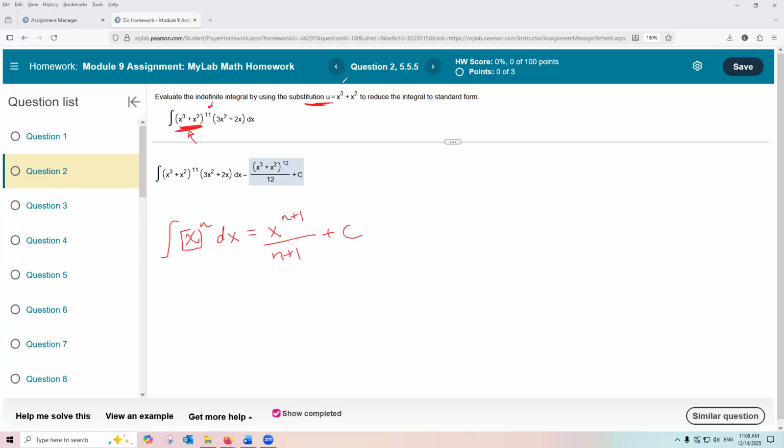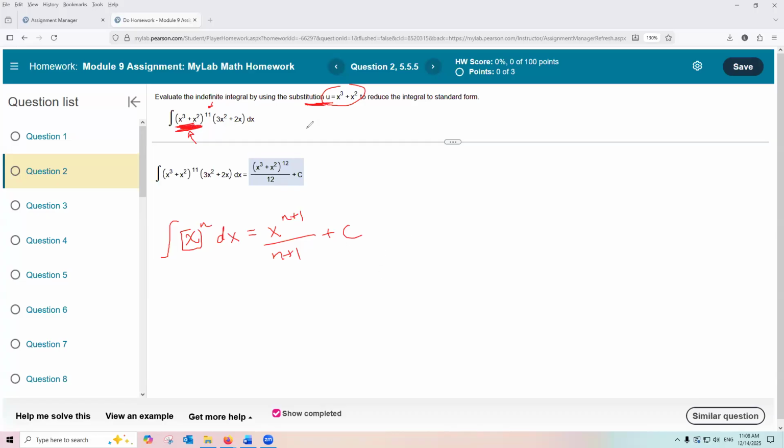And in this example, they're actually giving us a nice hint of how to set up the U variable, the U substitution. If they didn't give us this hint, we would think to ourselves, we want to let U be the quantity, the expression in this parenthesis being raised to the exponent.